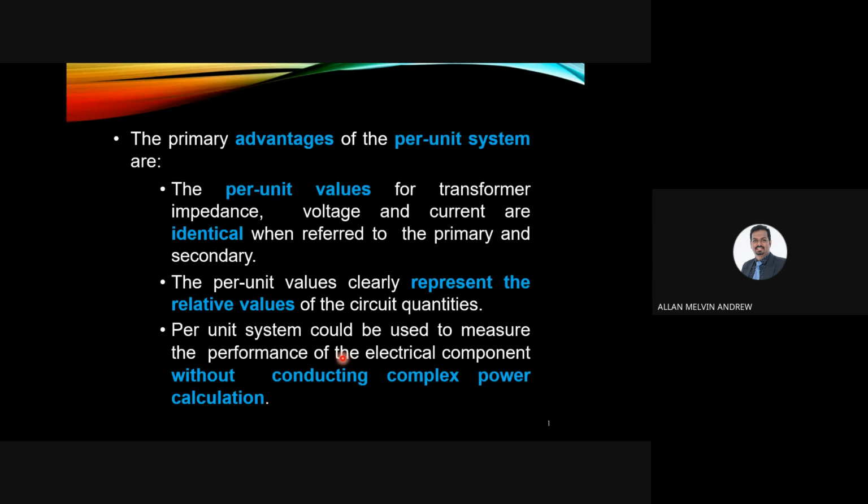But when we are talking about this subject, we want you to do the calculation fast so that you can propose a solution, because it's a theoretical and also practical subject. So the per unit system will be helpful for you to measure the performance of the electrical component without conducting complex power calculation. Okay, so that's one thing.